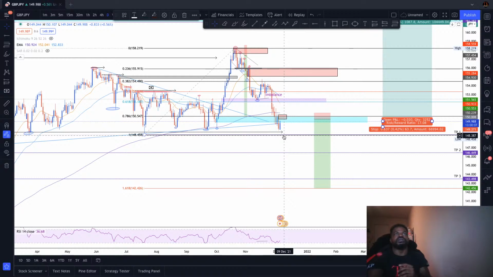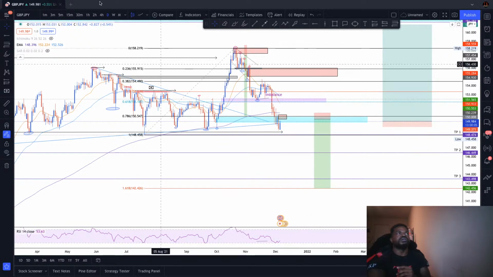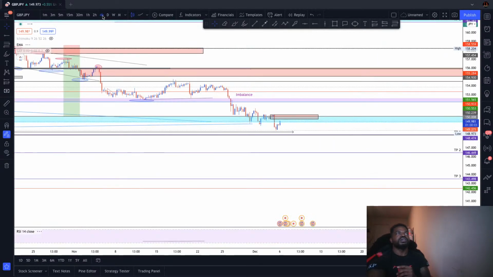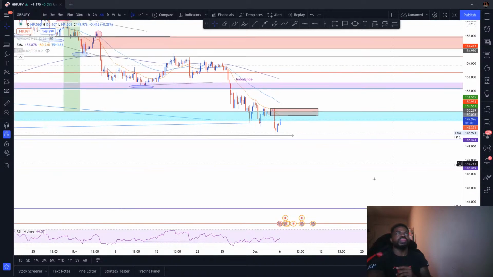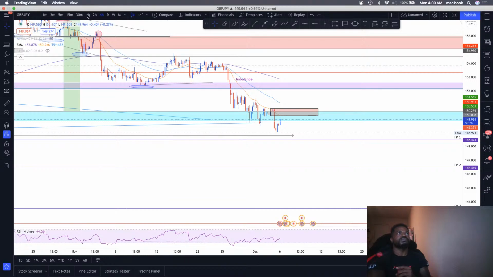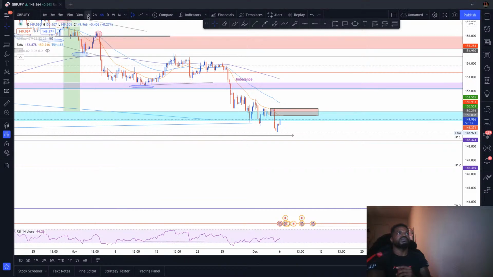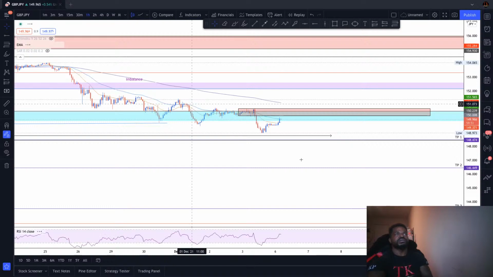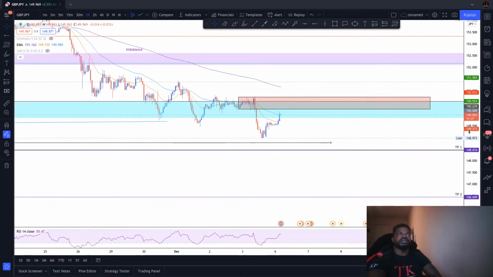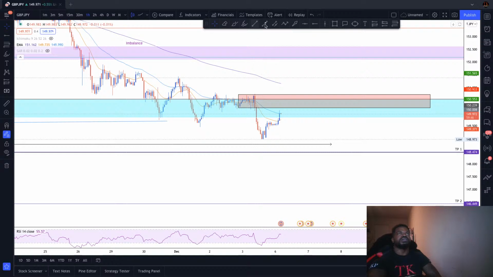Yep, so what we'll do is, let's see. We'll pay attention to this area. We got a lot of rejections right here at this area. So it's either gonna hold up as valid support or it'll be broken.